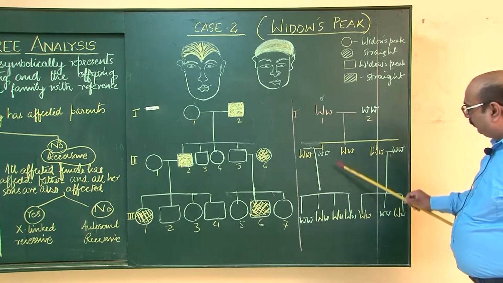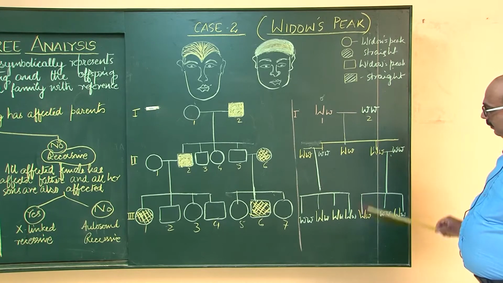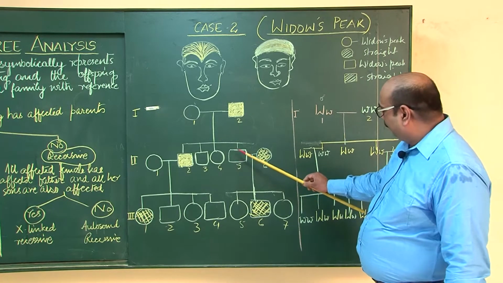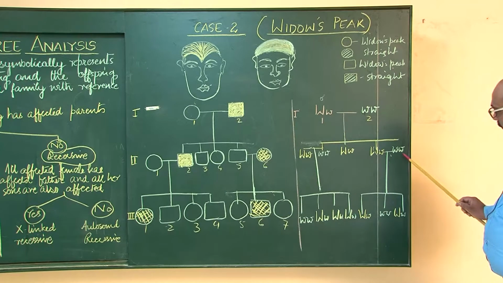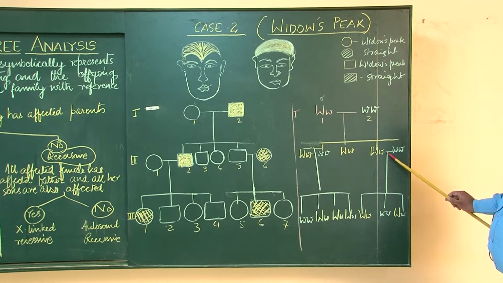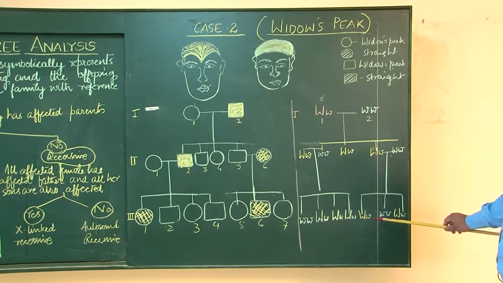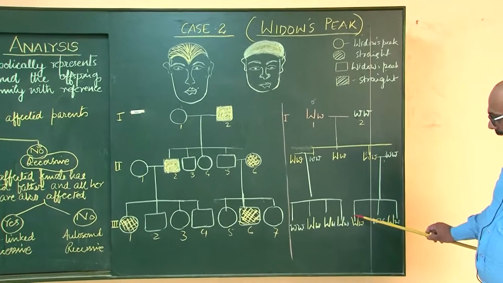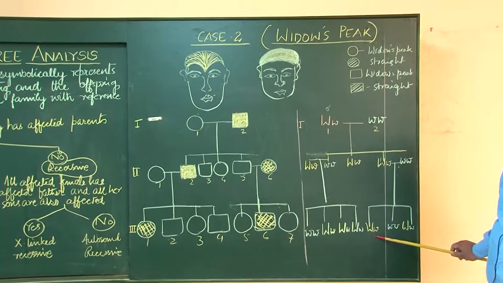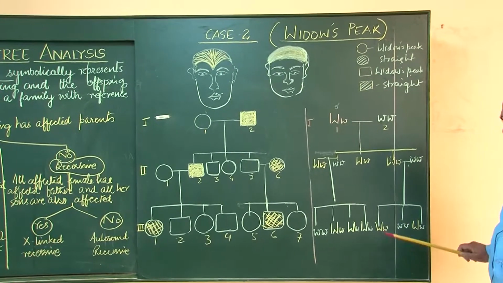In the second generation, when an affected male is married to a normal female, the progeny we find here is one non-affected male and two females having the widow's peak trait.